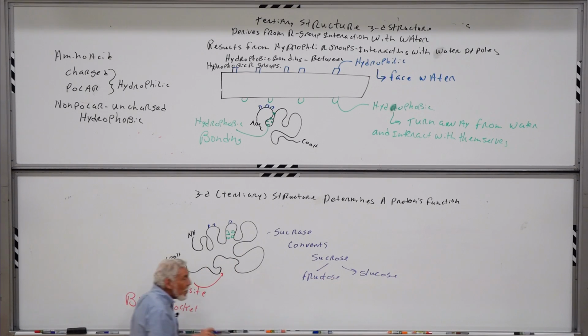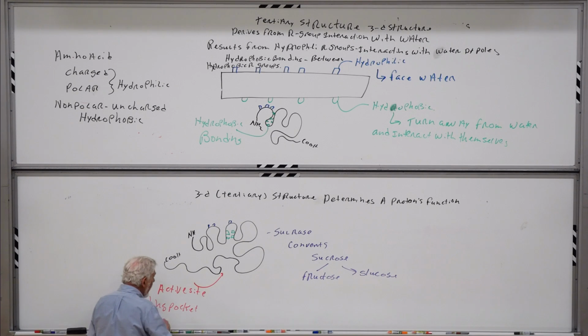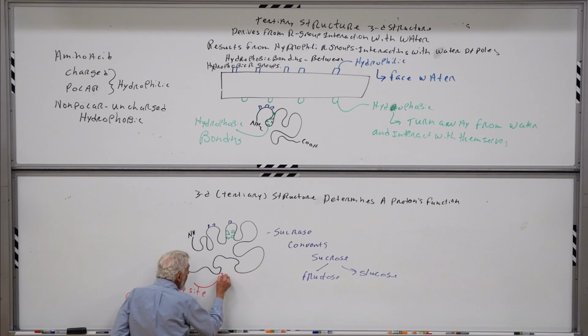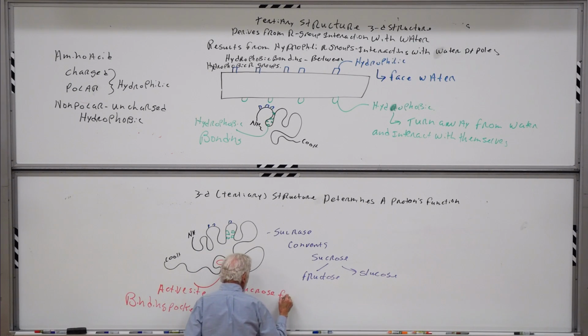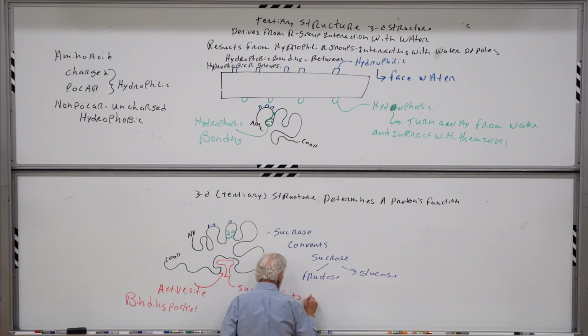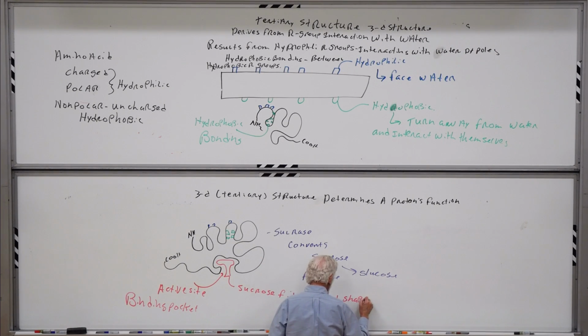But for this enzyme to do that, it requires a binding pocket into which the three-dimensional shape of, in this case, sucrose fits, the 3D shape of the binding pocket.